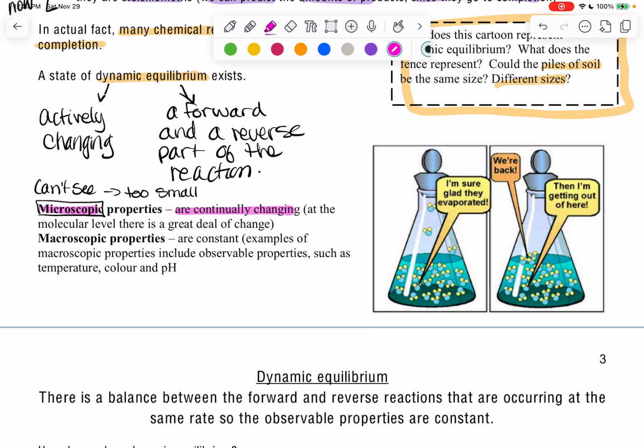So these are reactions that occur on the molecular level. Our macroscopic properties are things that we can see. So these are constant. We might think that nothing is changing because those macroscopic properties are constant at equilibrium. So these are the things that we can observe or measure, things like temperature, color, and pH.